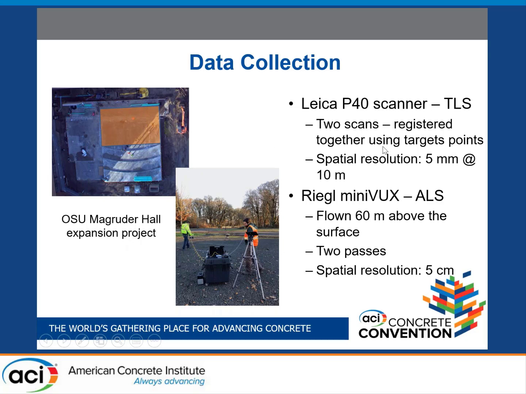We collected 2 scans, registered them together in the same coordinate system, and then we collected drone data with a LiDAR unit on it. We did 2 passes. The spatial resolution here, I would like to show this, was fairly low compared to what we had here. This is 5 centimeters spatial resolution, and for the terrestrial laser scanner it was 5 millimeters. So basically you have fewer points to identify the surface.